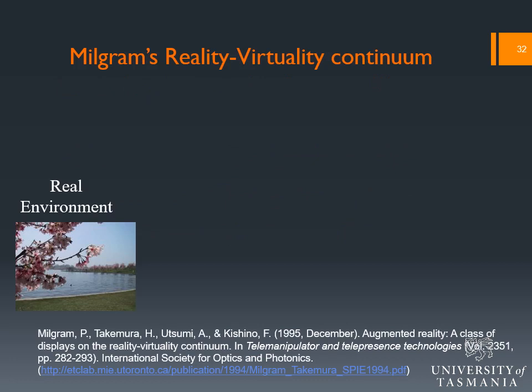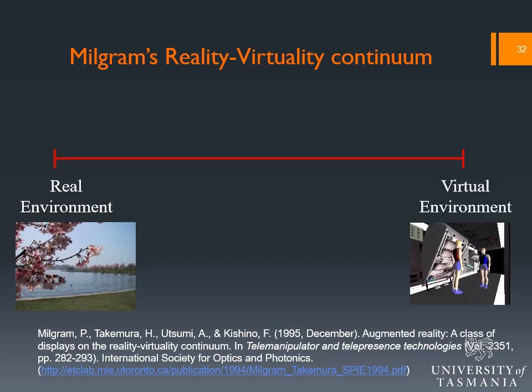So this one is the Milgram reality-virtual reality continuum, just to give you an idea of what people think. In this case, there are two extremes. On the left-hand side, the real world component, and the virtual environment on the right-hand side, completely virtual.